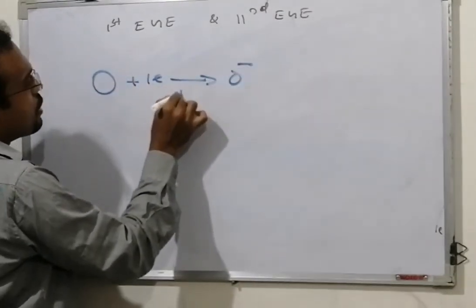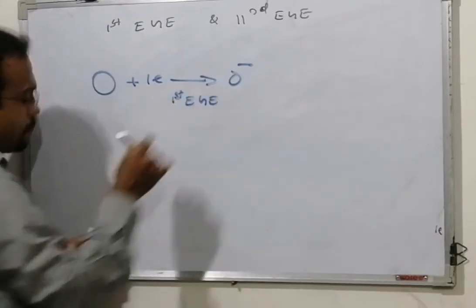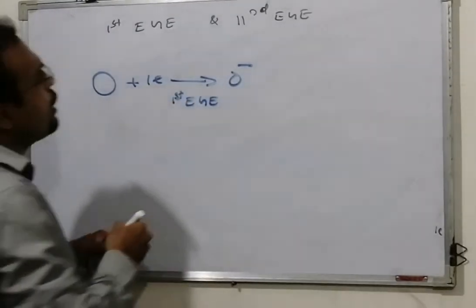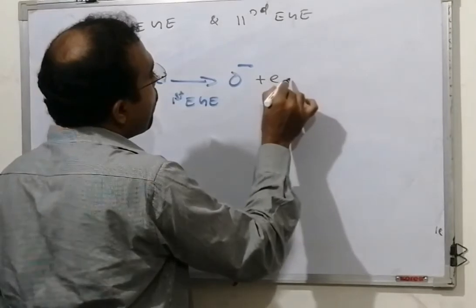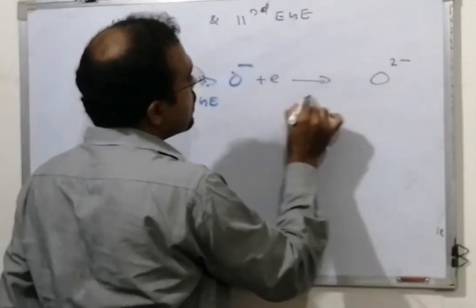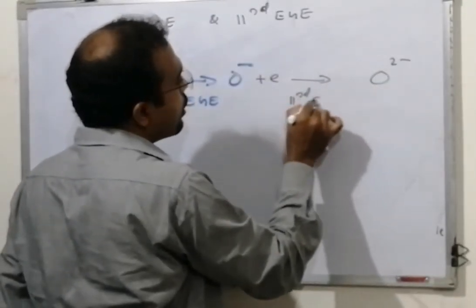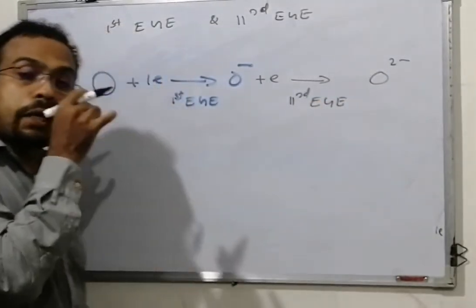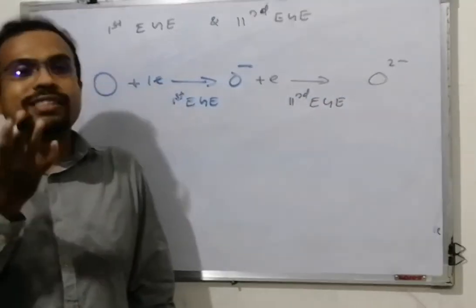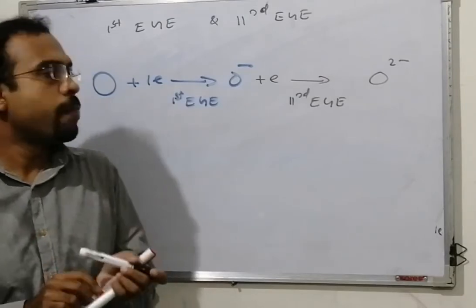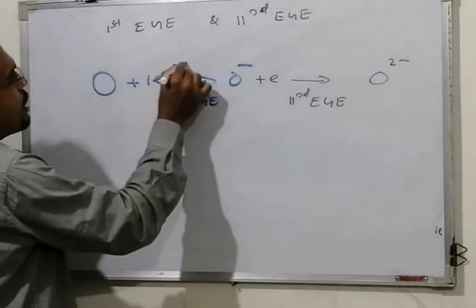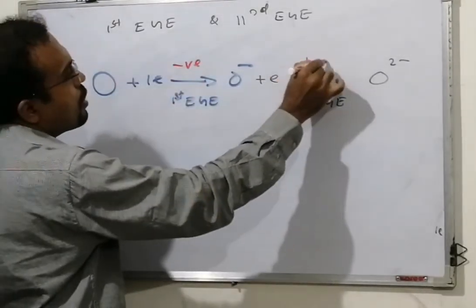This is first electron gain enthalpy. Again it takes an electron and becomes O2 minus. This is second electron gain enthalpy. Like we discussed in ionization energy, I think you remember it. It is negative, but it is positive.